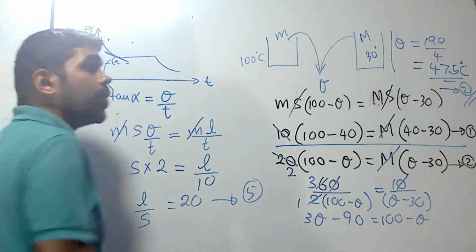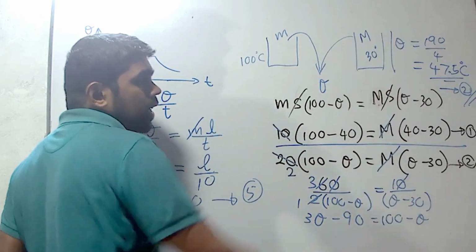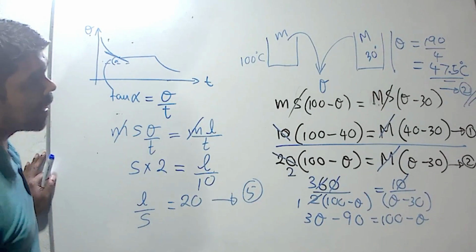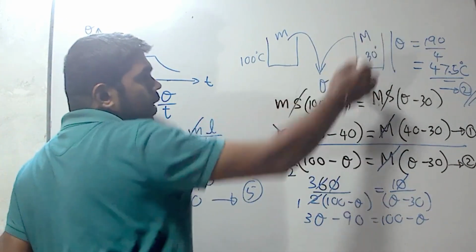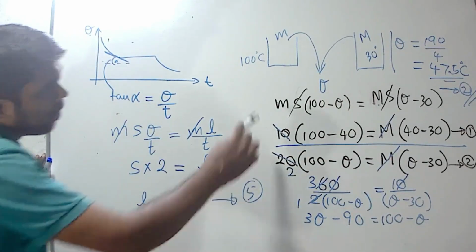It should be equal to the heat gained by this system. The mass is not given, it is capital M, times specific heat capacity. Now the temperature difference is theta minus 30, because theta is greater than 30. It is the common equation.